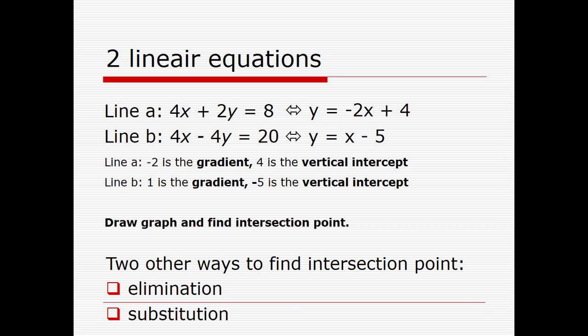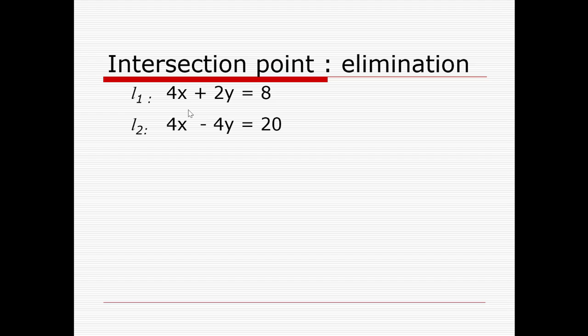Two other ways are called the elimination and the substitution method. Let's first have a look at the elimination method. The word already gives the method away: it tries to eliminate one of the variables. We look at the two equations and see which variable would be easiest to remove if we add, subtract or multiply some of the equations.